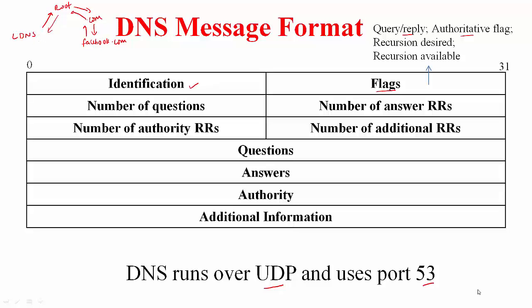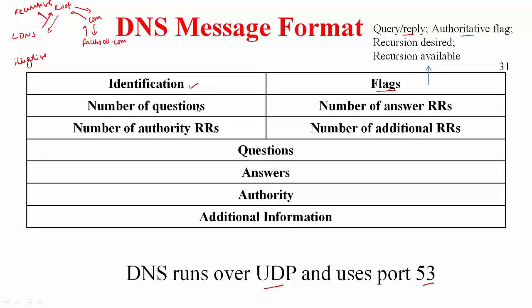What we have seen in the earlier example was what is called an iterative query, whereas this is a recursive query. What is done in practice is an iterative query, but DNS does provide this option of recursive query, which is not often supported.